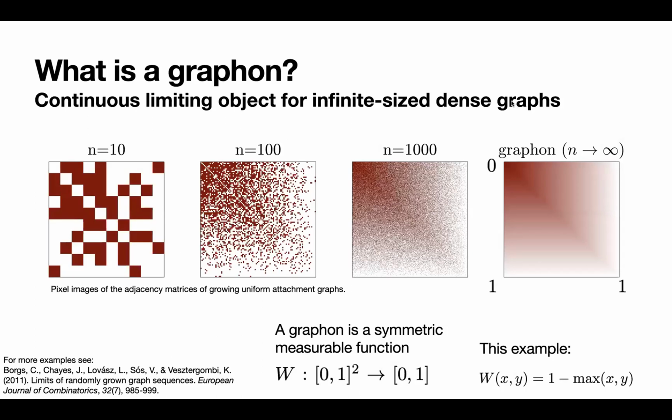And this is exactly the graphon. It's a continuous limiting object for infinite size dense graphs. So again, you have this pixel image, and for large sizes, it becomes visually similar to such a graphon, which is the infinite size limit.